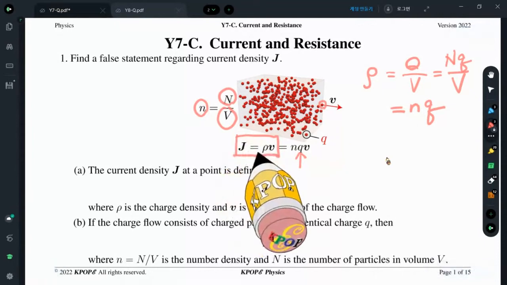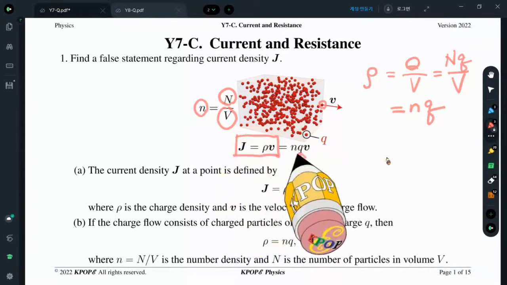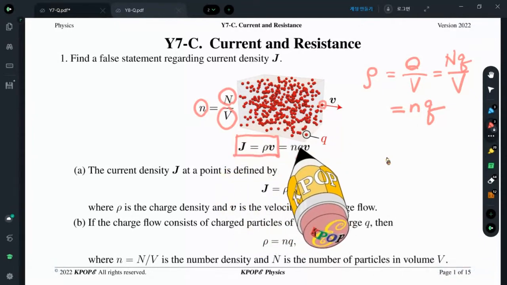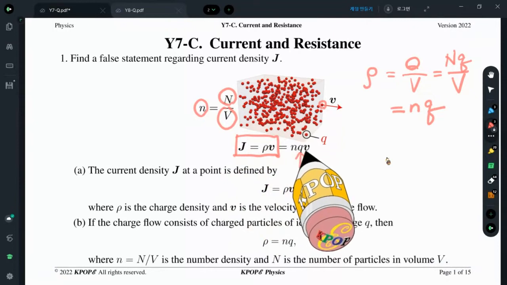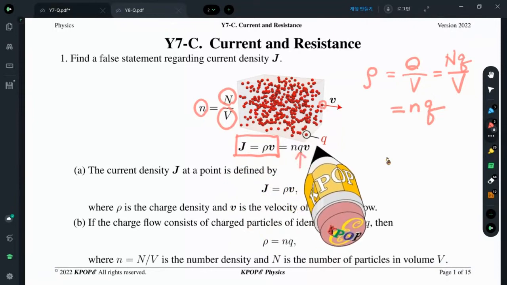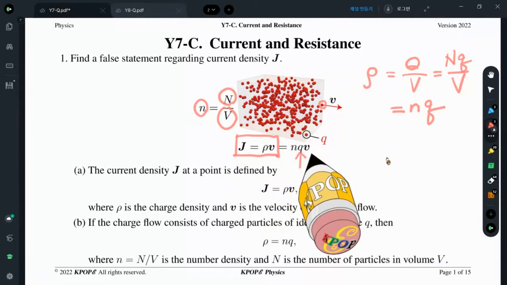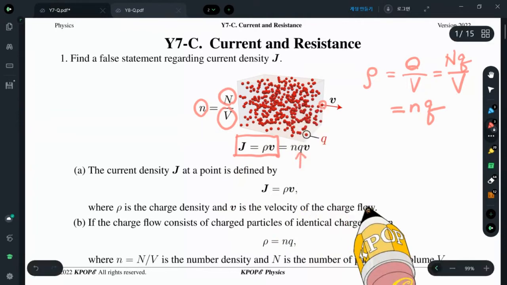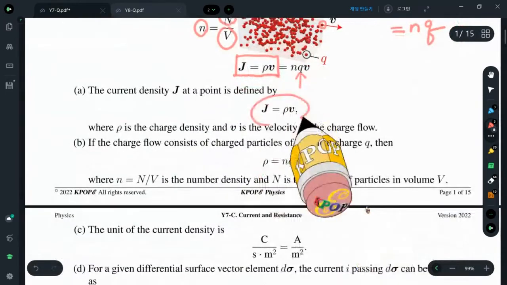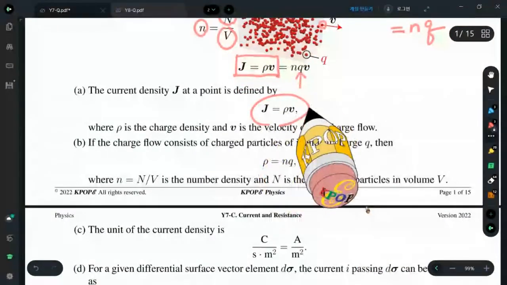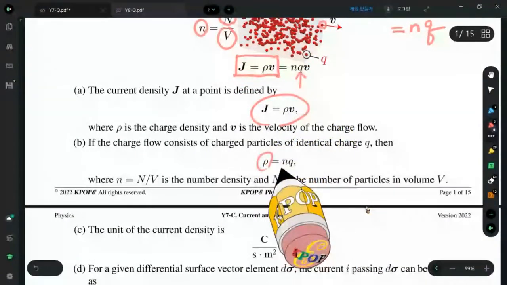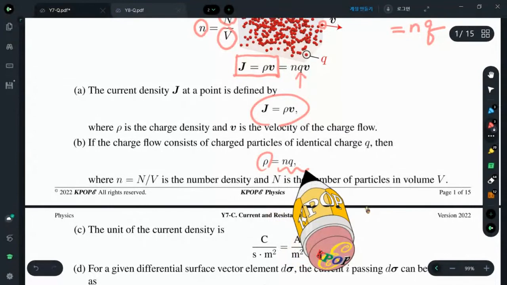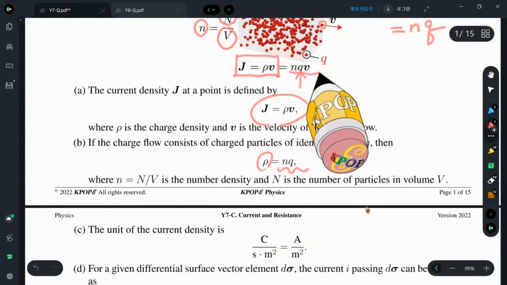Therefore, current density is expressed as a product of the number density, elementary charge, multiplied by the average velocity of those particles. So current density is rho v, and eventually rho is expressed in terms of the product n times q.